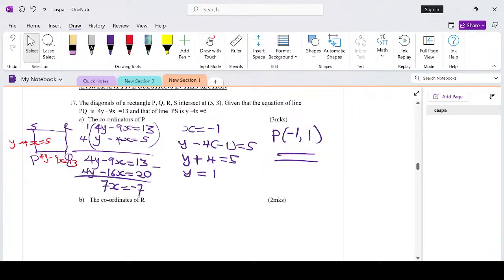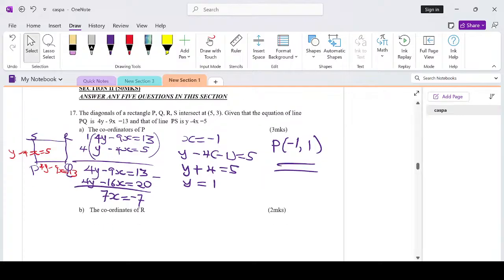Let's see how we get point R. Maybe before that, let me draw the diagonals.